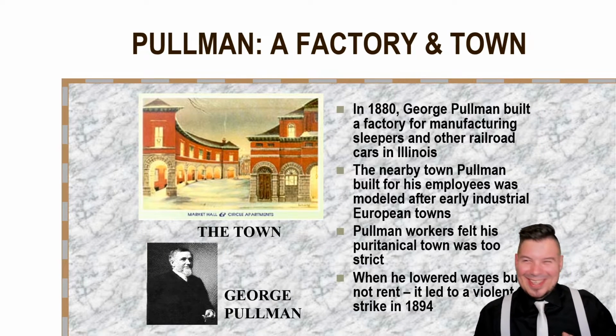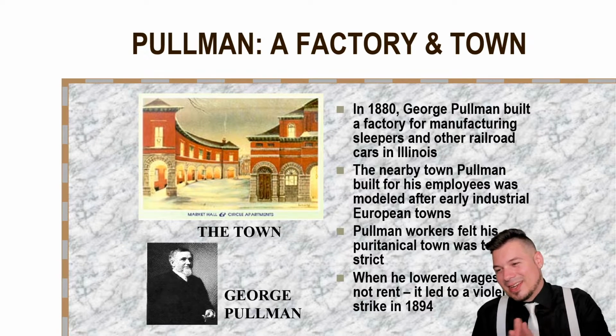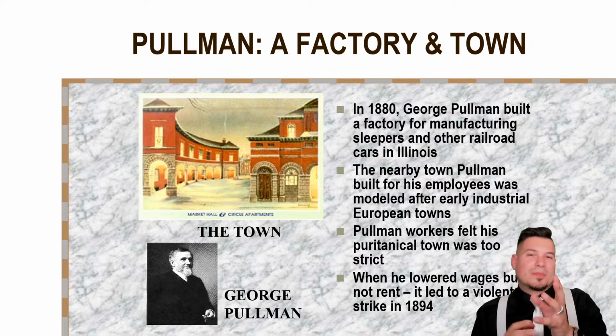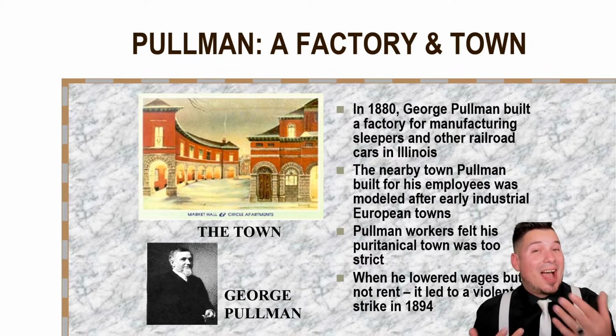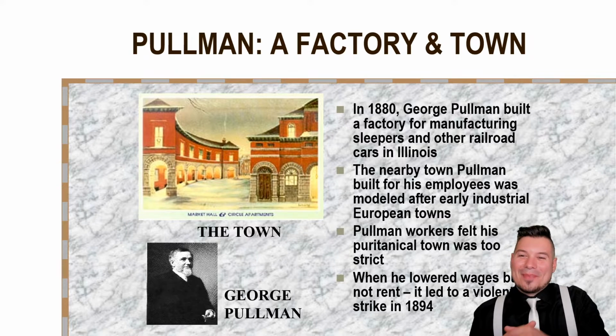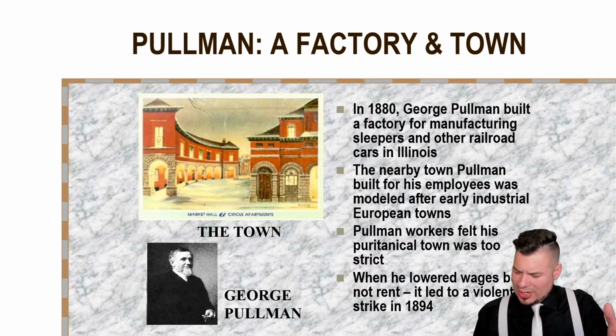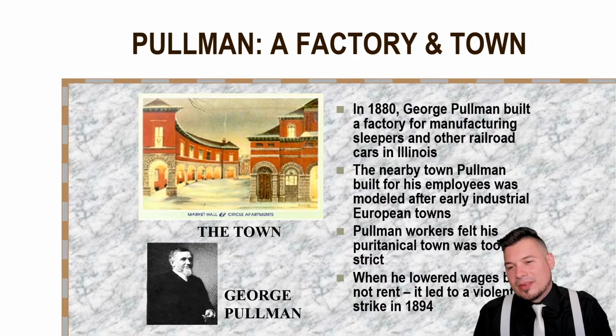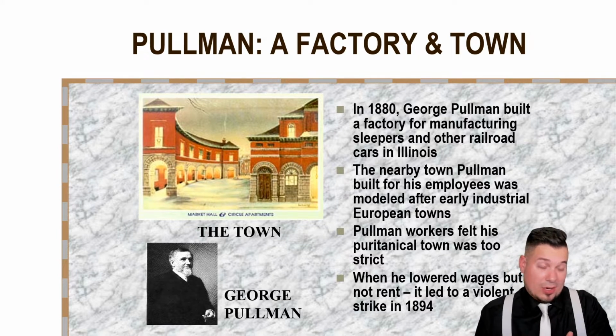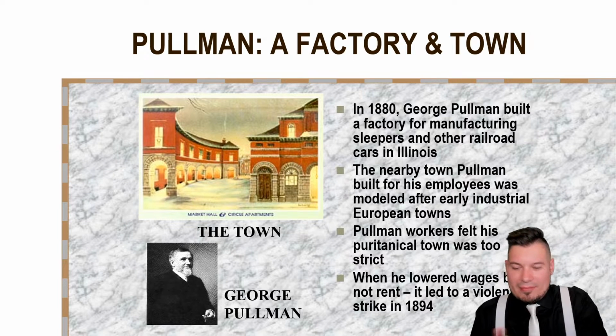Moving on. One of the interesting industries here we see is Pullman. George Pullman in 1880 actually builds a factory and a town. Yes. He builds a factory for manufacturing what we call sleeper cars. These are really nice railroad cars, and they call them sleeper cars because you could sleep in them.